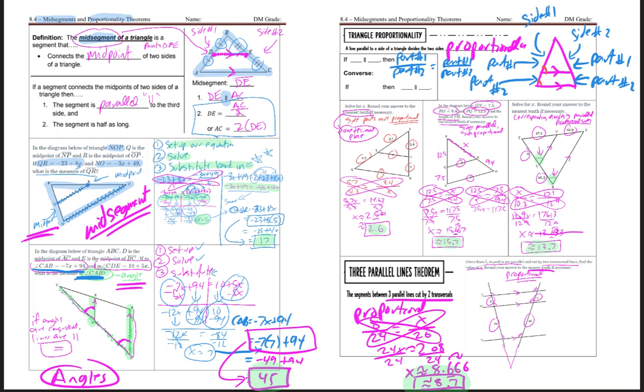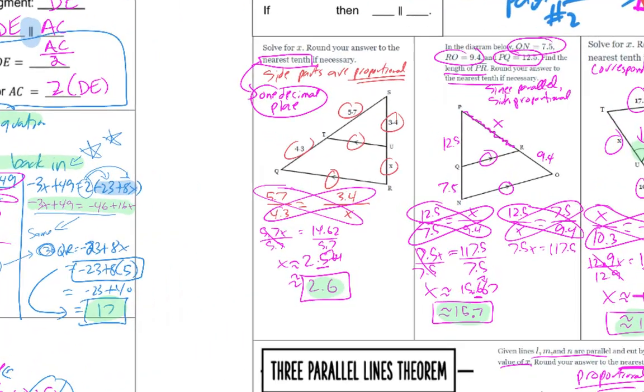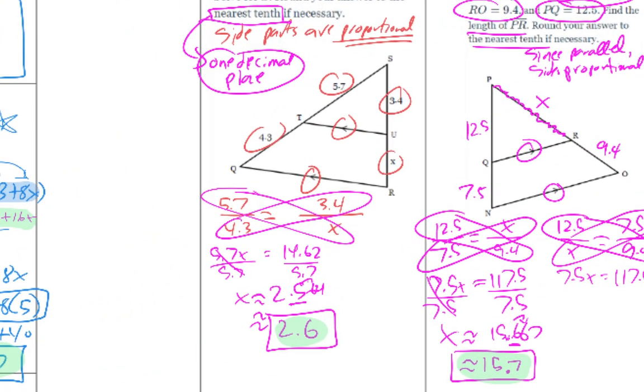So that's what we do on mid-segments, and proportionality is on the sides, right? So if we see a triangle like this one right over here, the side parts are going to be proportional if these are parallel. If these are parallel, it makes these proportional to this. So we just set it up just like that: that over that on one side, that over that on the other, and we cross multiply.